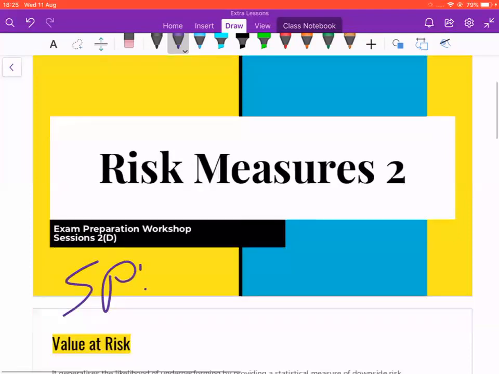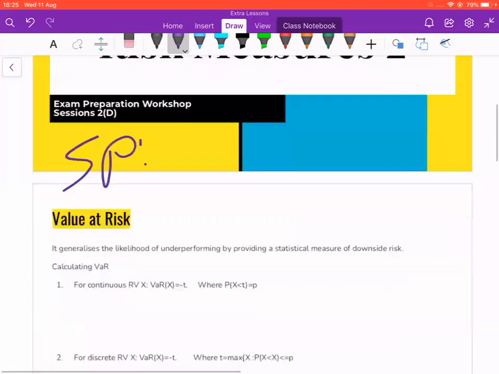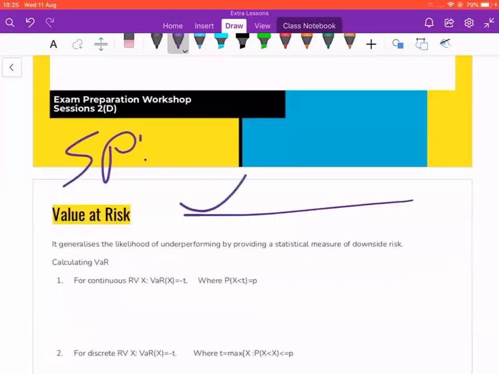Now, when we move to VaR, VaR looks at the amount we are reasonably sure we will not exceed, we cannot exceed, at a certain confidence level. So this is basically VaR.